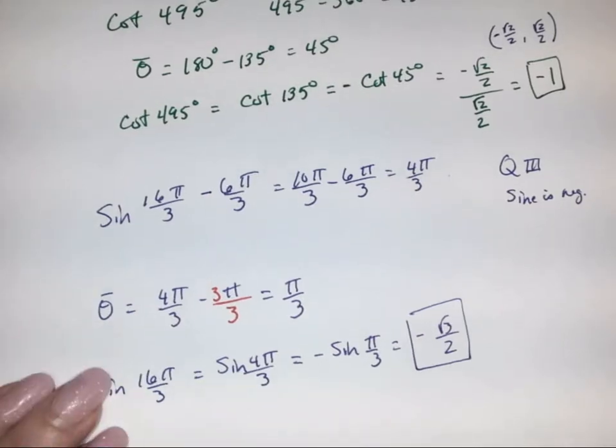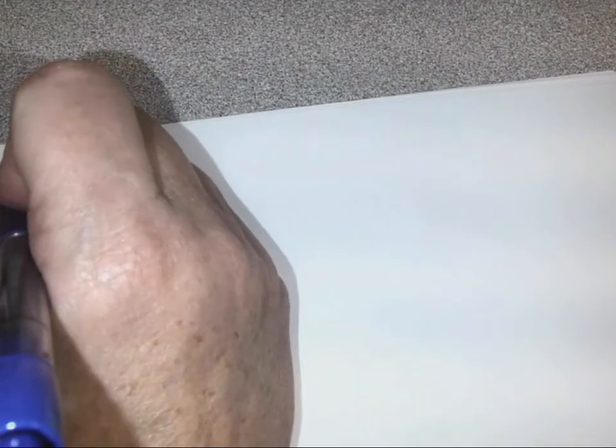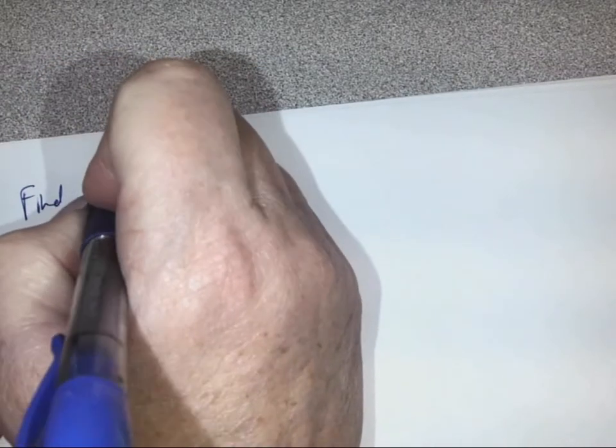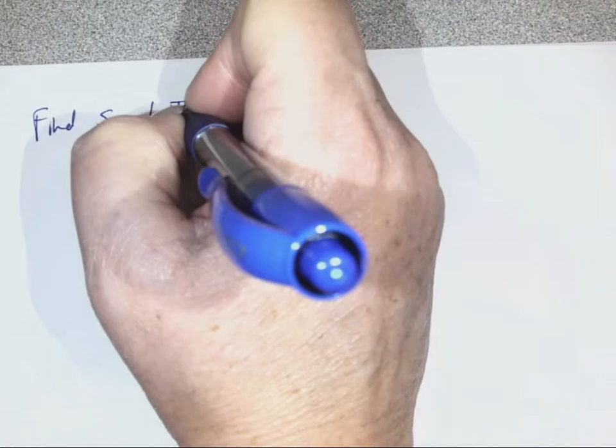All right, let's go find another one. So we are going to find the secant of negative pi over 4.